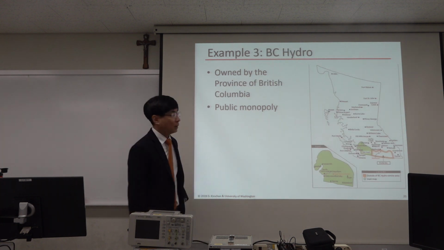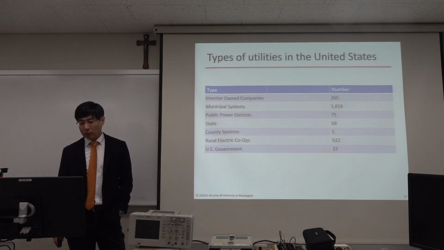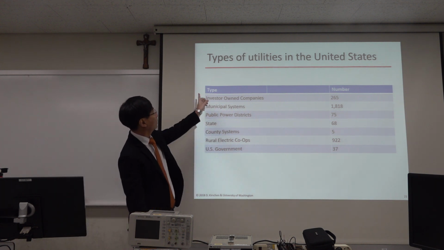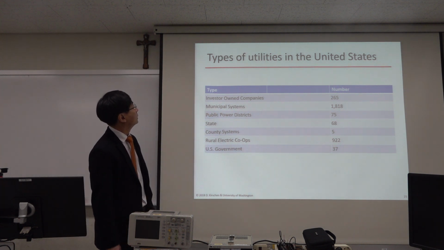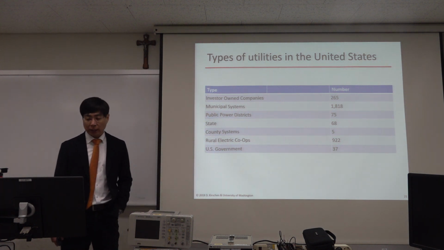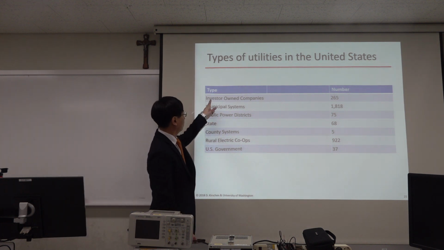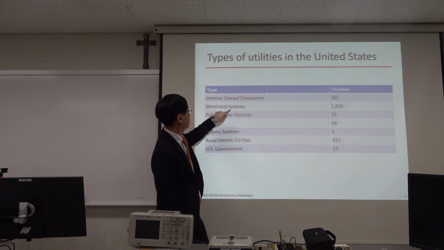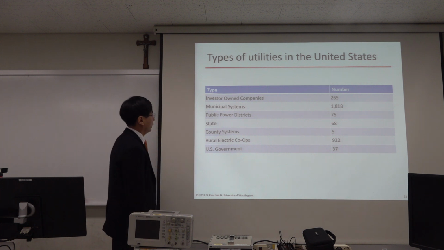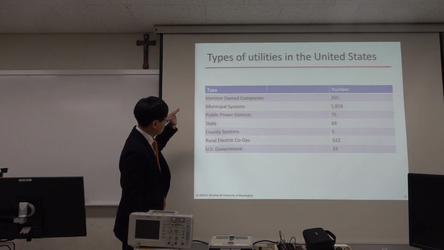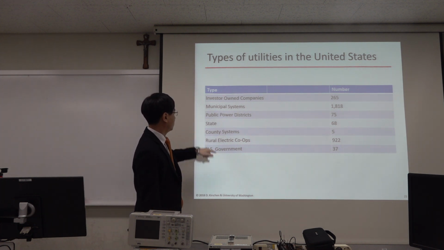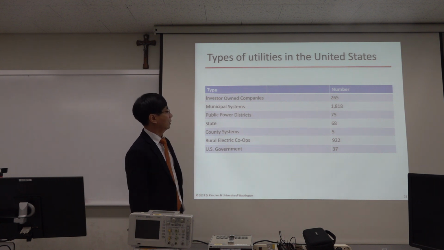Another example of public monopoly. So you see, there are thousands of utilities in the United States. Some of them are investor-owned companies, municipal systems, public power district, state, county systems, rural electric corps, and the U.S. governments.